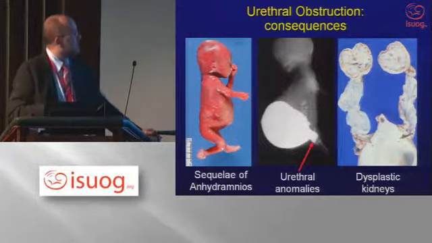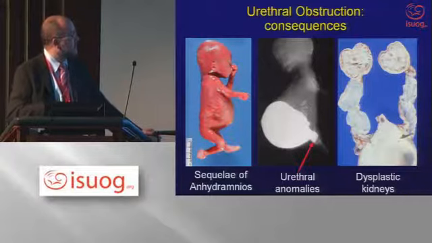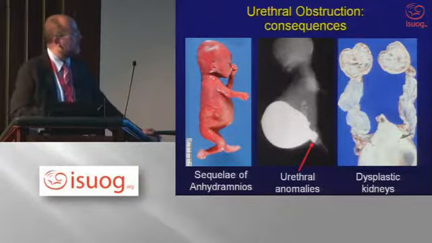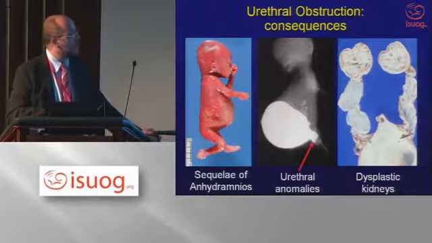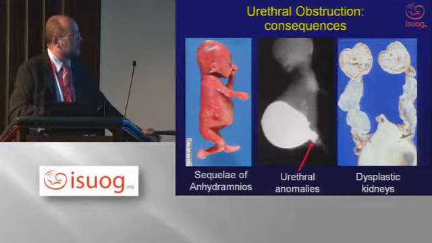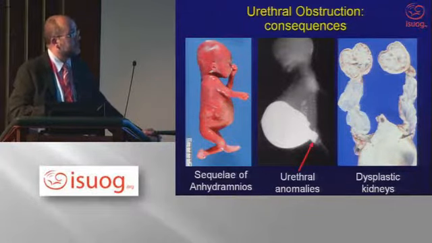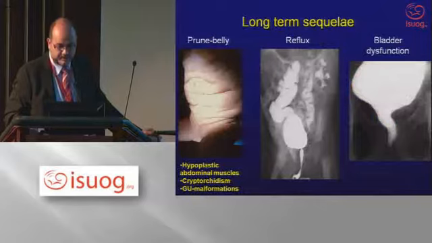But it's important to remember that while you might treat the sequelae of anhydramnios, because by putting a shunt in the bladder, the fluid around the baby will normalize, you will not remove the original urethral abnormality. And if there has been damage to the kidneys, that won't be resolved either.